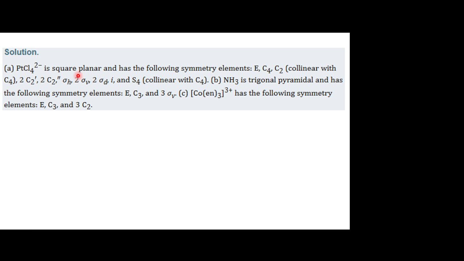What is the 2C2 and what is the 2 in front of that? It means there's 2 of them. For example, there's one that goes like this, and this one. And then the prime. What does the prime mean again? So the prime means this one right here, where we're doing it along the molecule. The axis is along the atoms. The other ones, where we're doing it, it doesn't hit any of the chlorines.